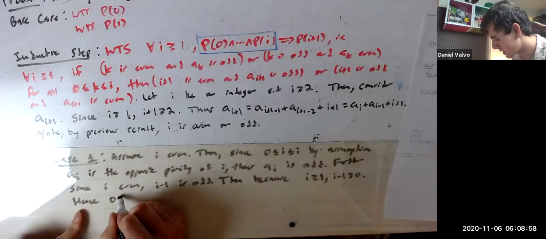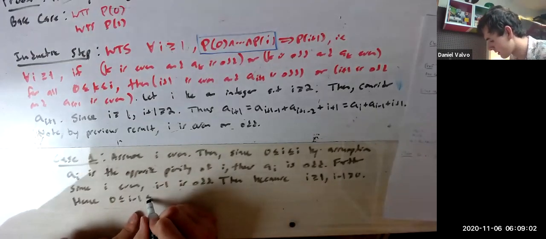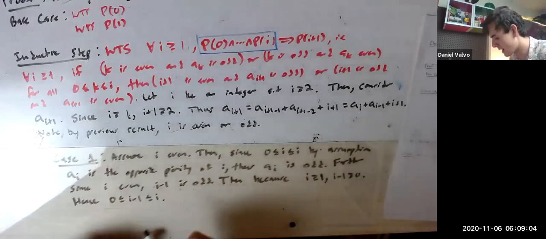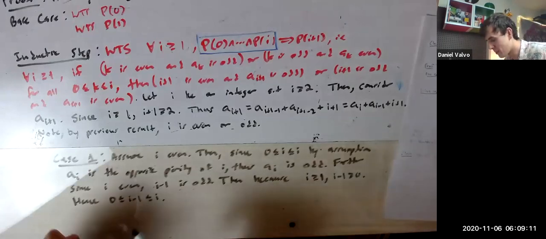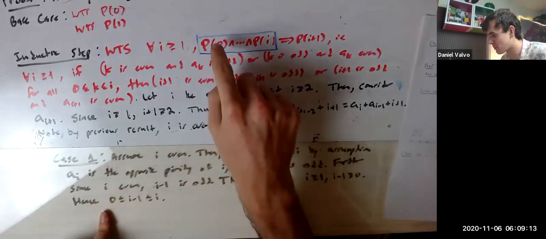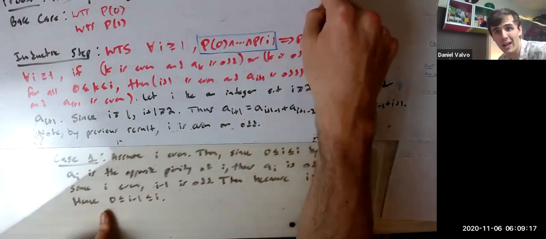Hence, 0 is less than or equal to i minus 1, which is less than or equal to i. Why is that important? Because again, we see that for everything between 0 and i, our claim up here is true, that the parity of a_i would be the opposite of the index.